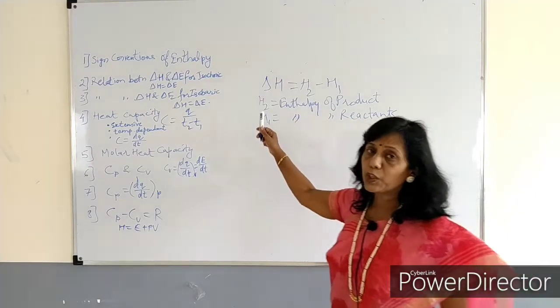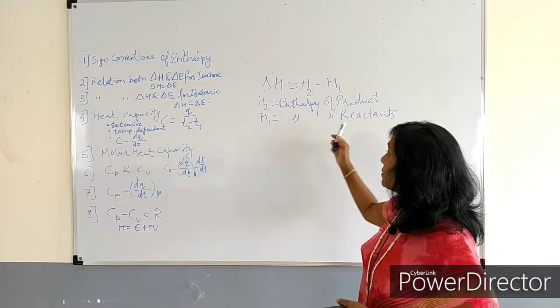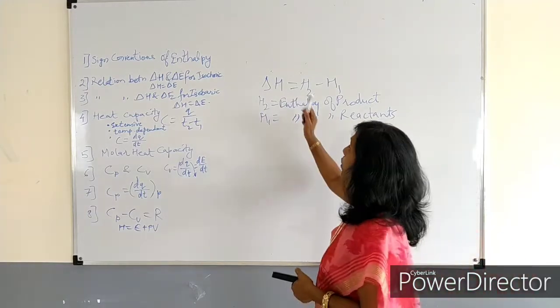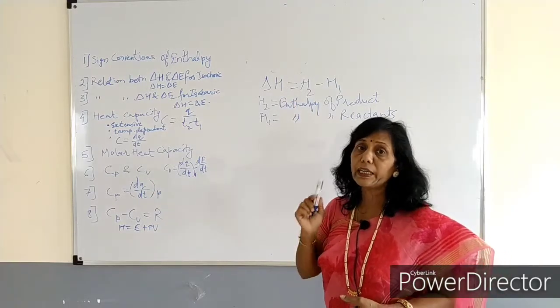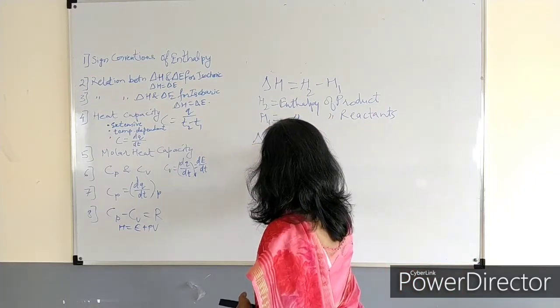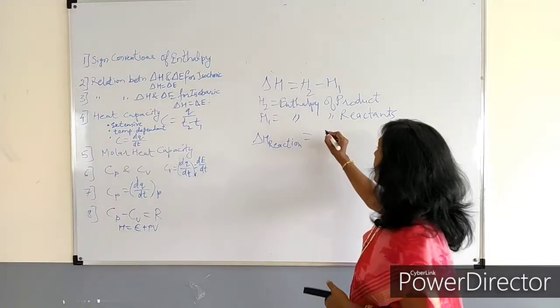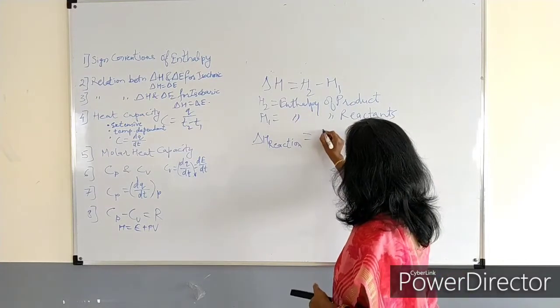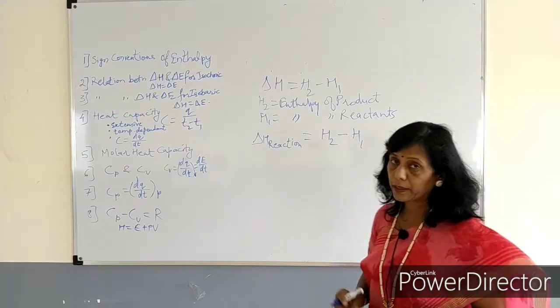Again I will repeat, H2 is the enthalpy of the products, H1 is the enthalpy of the reactants. Now, for any process or any chemical reaction, delta H reaction will be equal to the enthalpy of products, that is H2, minus H1, that is the enthalpy of reactants.